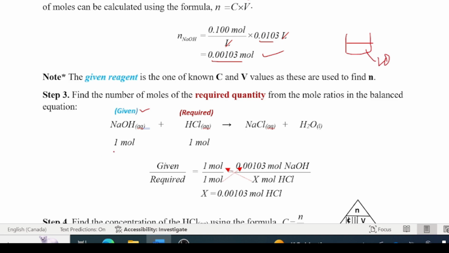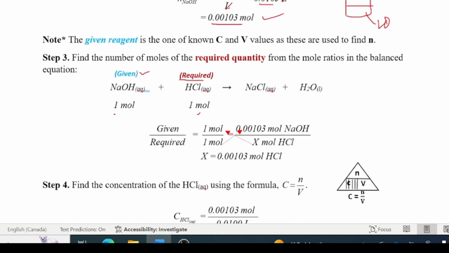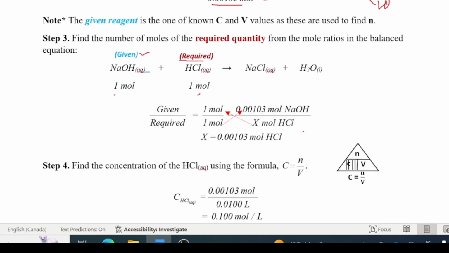And you can see it's a 1 mole to 1 mole ratio here. So we do not know this. This is the required number of moles of HCl in that aliquot. So let's see what number of moles that translates into. You do it given over required, 1-to-1, cross multiply, and that's the number of moles of HCl that was in one aliquot.